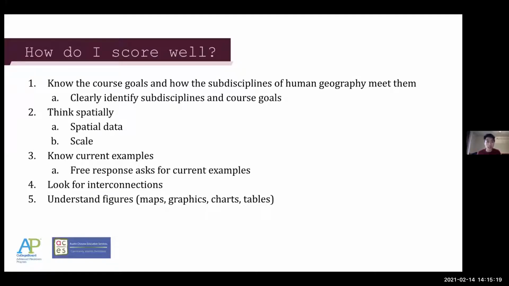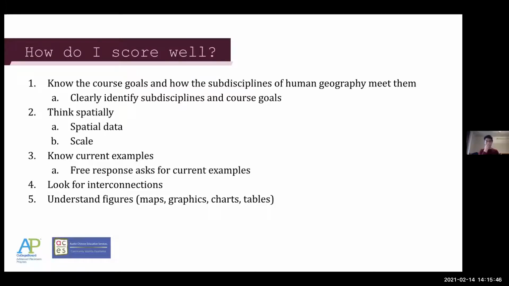And finally, look for interconnections between all of the different concepts, because most of the questions will not simply ask you point blank, what is the definition of a concept? Instead, they'll ask you a question that is more abstract, and you have to use multiple different things that you've learned throughout the course in order to answer the question correctly.